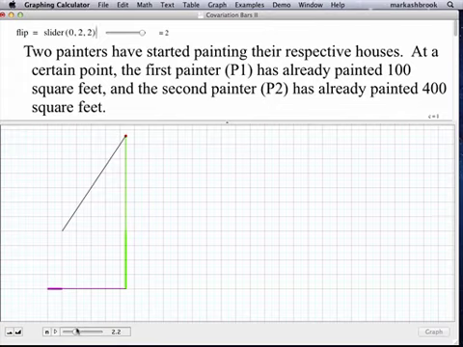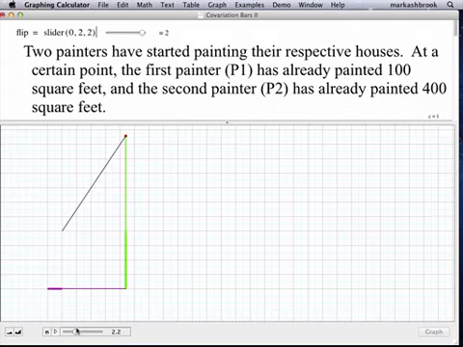Okay, so what I want you to do is forget every formula and method you've learned in the past. Use the idea of rate of change to figure out how much the second painter had painted when the first painter started.